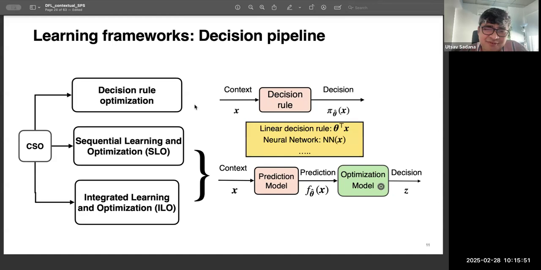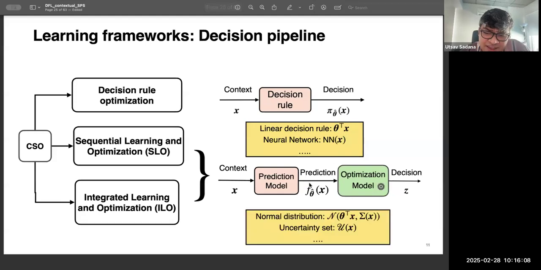The simplest case of a decision rule is a linear decision rule. You assume that your decisions are linear in the features. You can also assume that your decision rule is a neural network. You plug this x in your neural network and it gives you a decision. Here, your prediction model could be a normal distribution where the mean and the variance depend on the covariates.